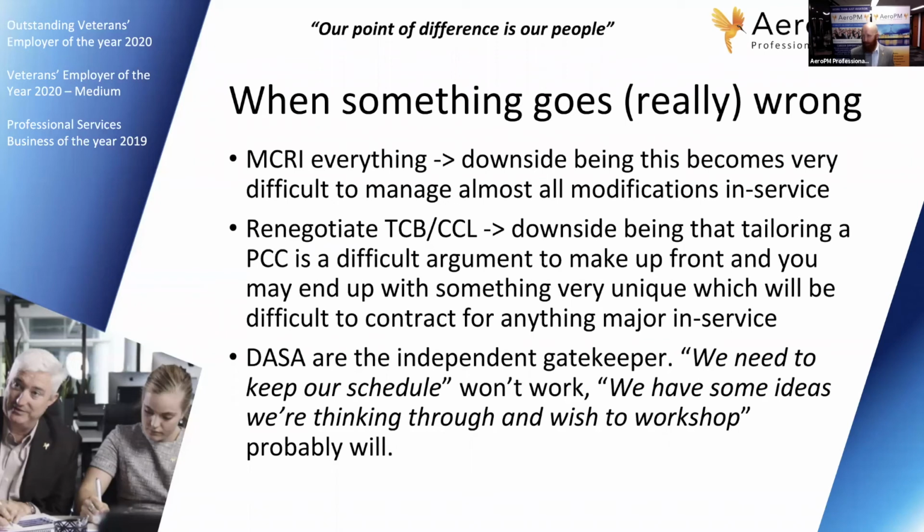Which wasn't necessarily the case in the past. So it's really important to get that as good as you can up front, because it will have potentially a big impact on the holder trying to upgrade and upkeep that type throughout the life of type of the platform.